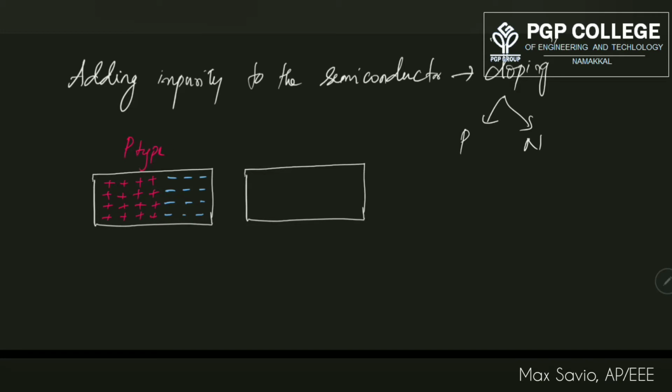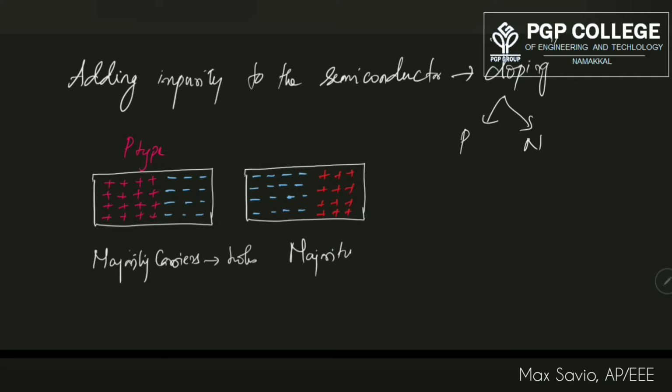For the n-type, the negative charges will be more compared to the positive charges because we added n-type impurities, so the positive charges will be fewer. So for the p-type, the majority carriers are holes, and for the n-type, the majority carriers are electrons.